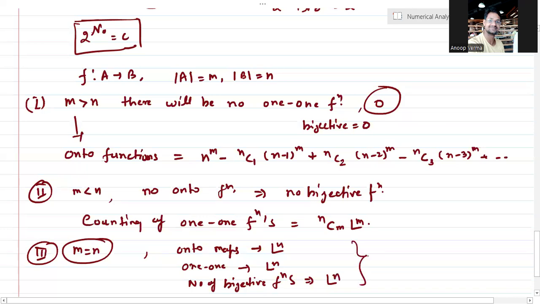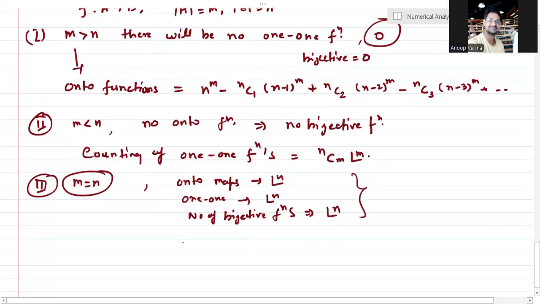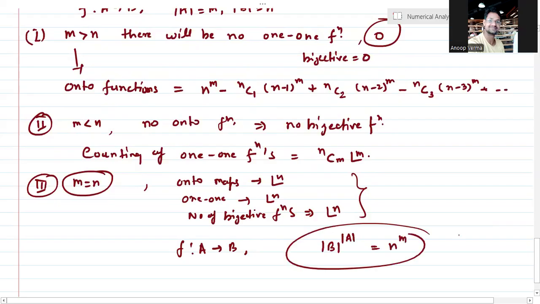So remember these things. And one thing more: how many total functions from A to B? That will be equal to cardinality of B to the power cardinality of A. It means n to the power n. This is the total number of functions.